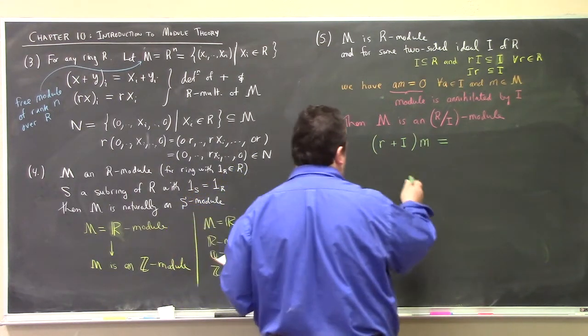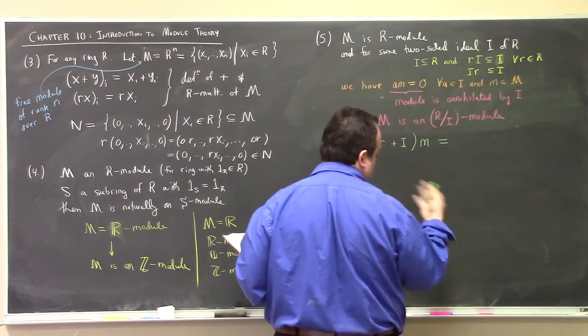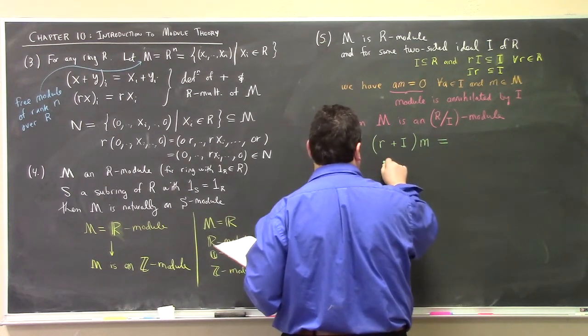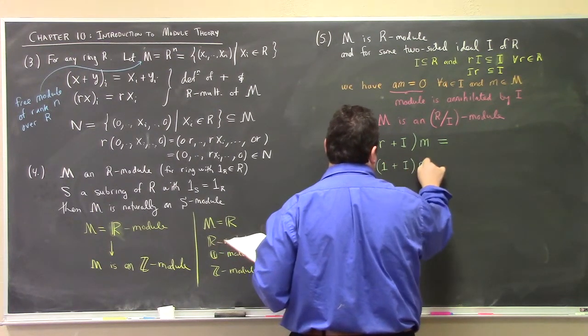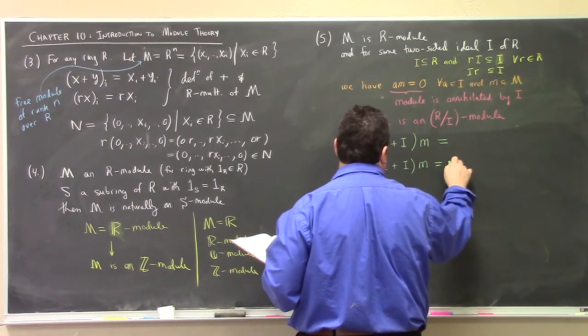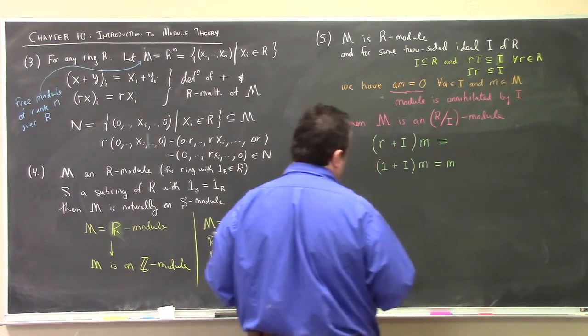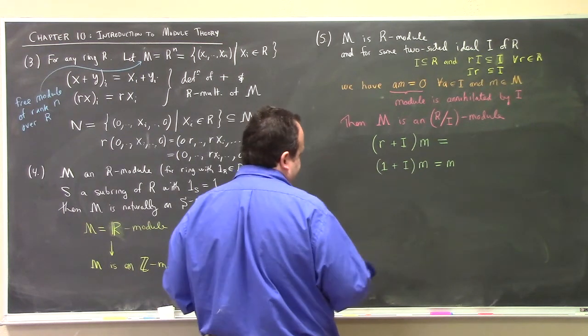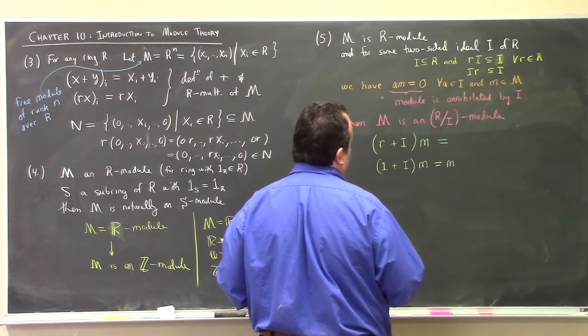Suppose R is a commutative ring with identity, then the identity in the factor ring is 1 plus I. Now, we know that this has to be equal to M. So doesn't MR equal 0 by what we said above? No, AM is equal to 0.